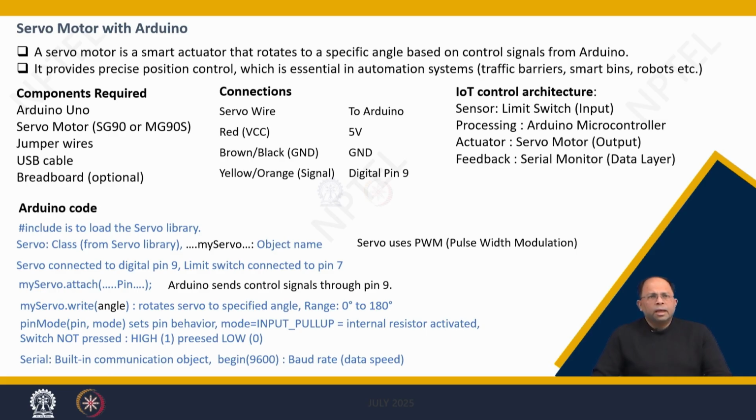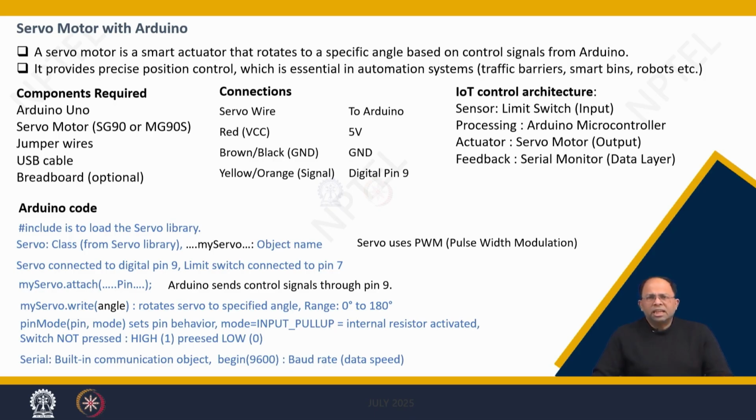Now, what we require for this project: we require Arduino Uno or any other Arduino board. We require a servo motor, and I have already demonstrated how those look earlier. It could be SG90, which is very commonly available, or MG90S, which is a metal gear motor. It looks almost similar, but it's a little bit different. Then you require jumper wires, a USB cable, and a breadboard is optional.